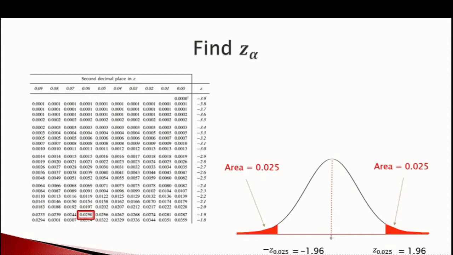So you can try other ways to do it. One is thinking of the whole area to the left of z sub 0.025 as 0.975 and go find the z-score as shown in the last example.